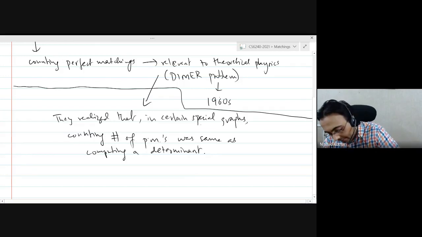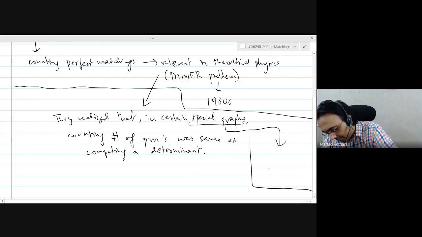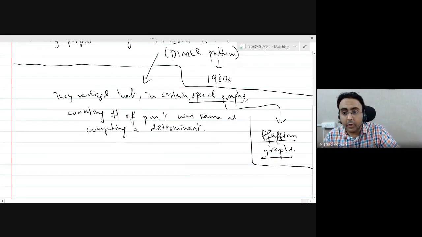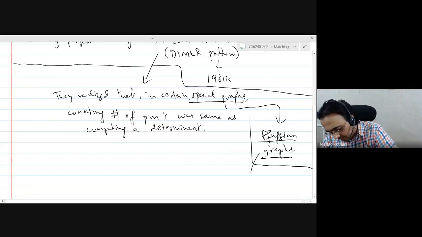Okay, and these special graphs are called Pfaffian graphs. I'll give you the rigorous definitions in the next lecture. So whenever you know that a graph is Pfaffian, then you would be able to compute the number of perfect matchings by just computing a determinant. And so you would be able to do it in polynomial time. Okay, so we'll define this later.